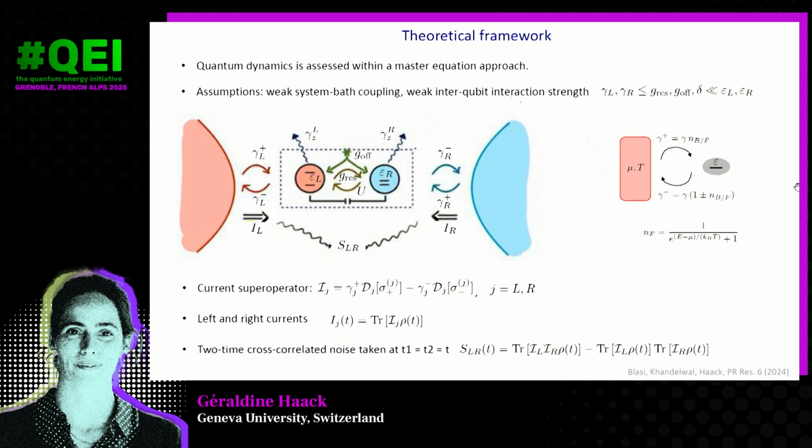This is also the case for this quantity, but here we choose to look at T1 equal T2 equal T. So that's my correlation function between the two currents taken at the same time, which is why it only depends on one time. And then, again, from this paper, we can write this formally, and it takes this form, which is rather intuitive, because it's as if you would simply take the correlator between the two current superoperators with respect to the density operator.